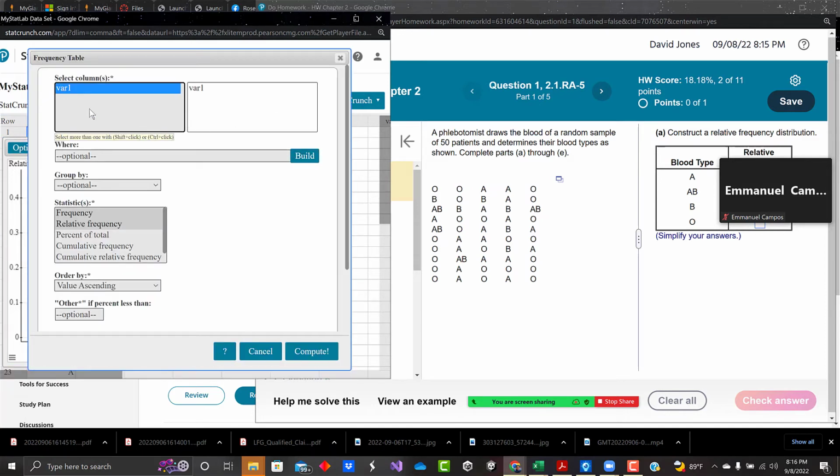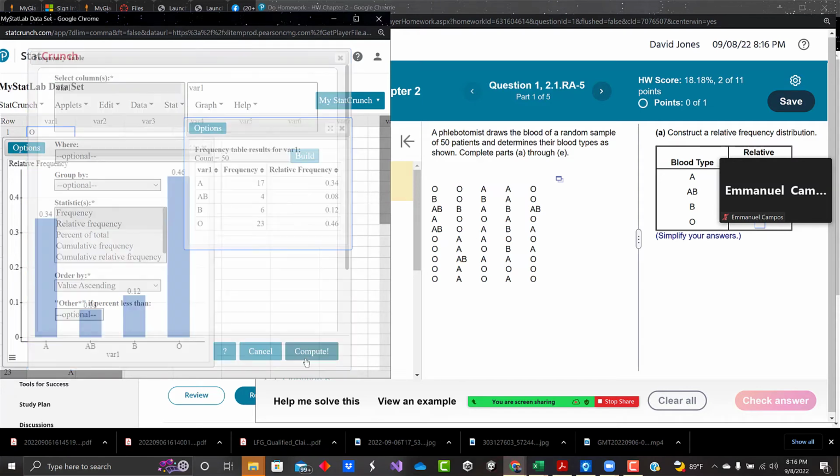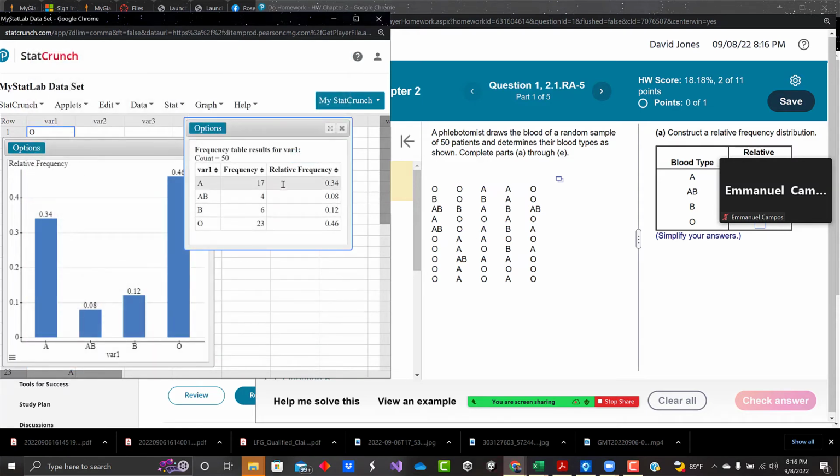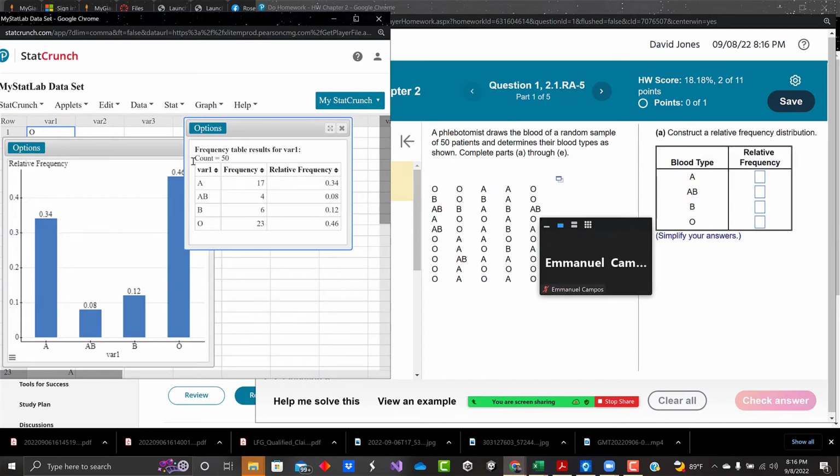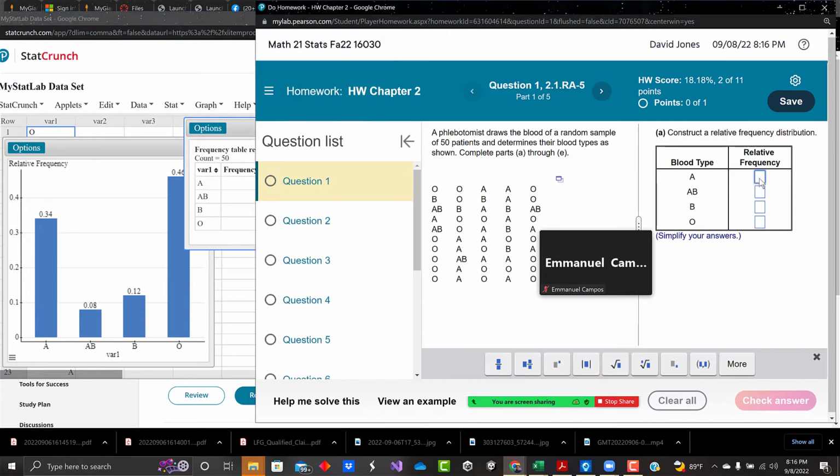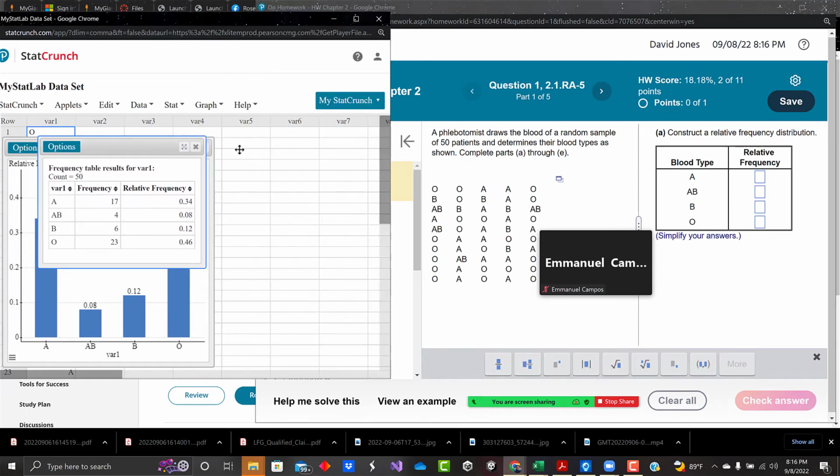Same thing, we're telling it the variable where our data is. It's usually the first column. I can leave frequency and relative frequency in there, just if they ask me both, it's already there. And it has it listed. Now I just got to match up. Thankfully, these are in the right order as this over here. So I can literally just go down the list and type.